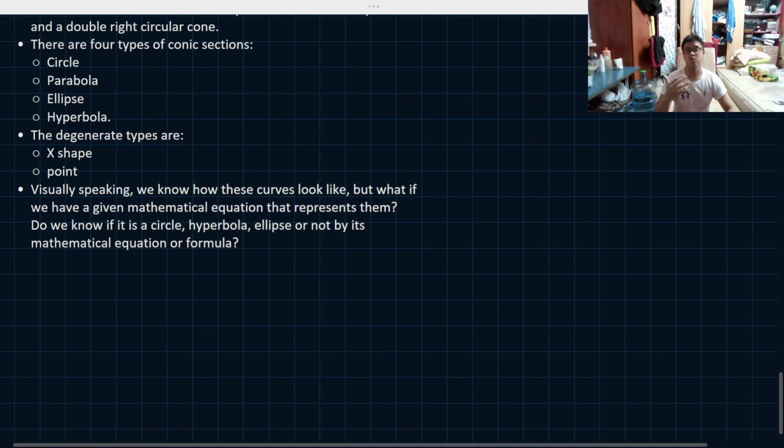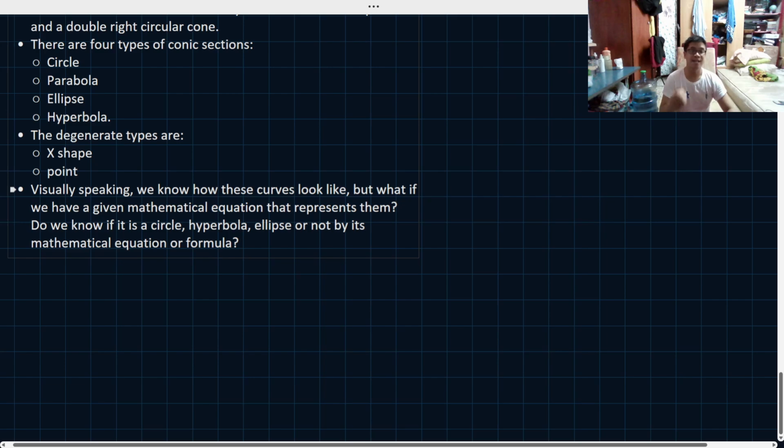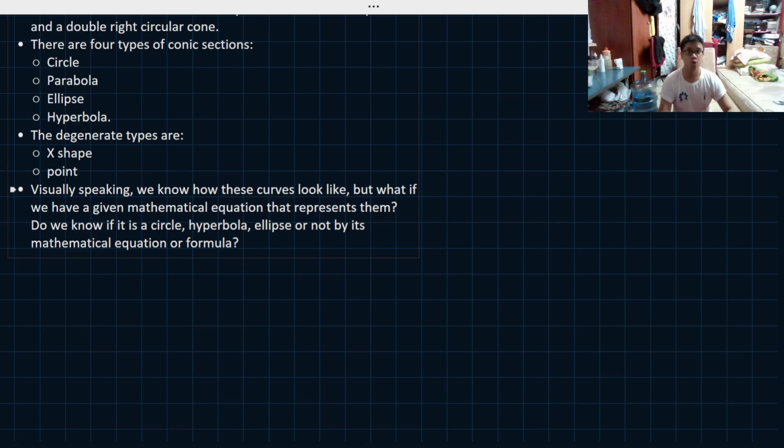But since we are in the math subject, what if we have a given mathematical equation that represents them? Do we know if it is a circle, hyperbola, ellipse, or not by its mathematical equation or formula?